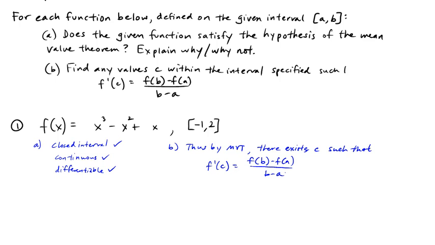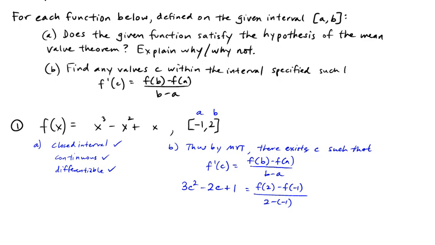So what I've done here is two things. Number one, I've found the derivative and I've replaced the x with a c. And on the right side, I've identified that a is -1, b is 2, and I have plugged those in for b and a, and I'm about to find the average rate of change, and then I'm going to get basically a quadratic in c.